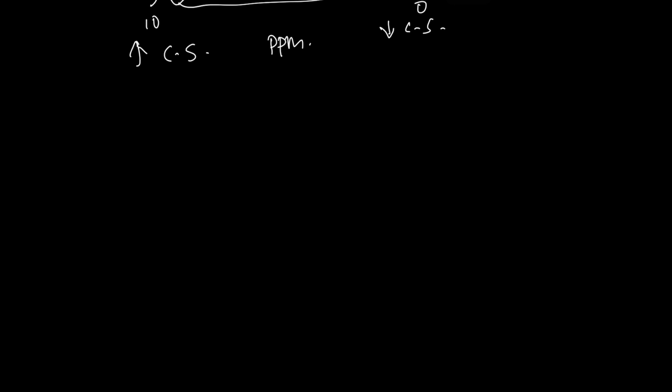To understand this, first you have to know the principle behind NMR. As you know, in NMR, the nucleus is the one that interacts with the radiation, the radio frequency.